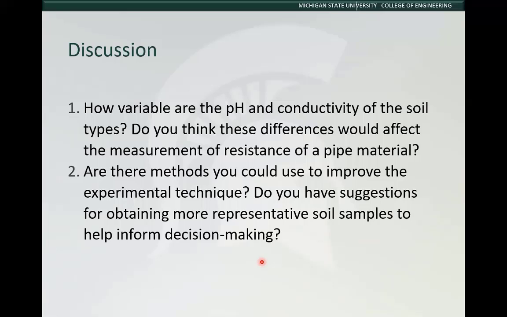Also think about reporting. So remember, you have limits on your reporting. If the pH is below the limit of your test, then you report less than some value. If it's greater than, you report greater than whatever that value.